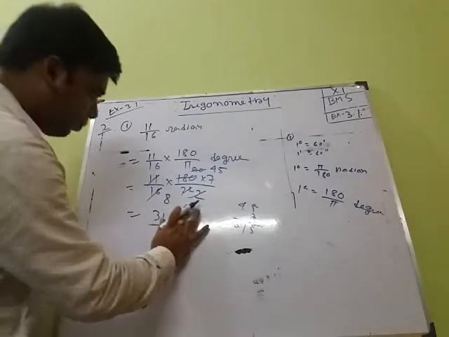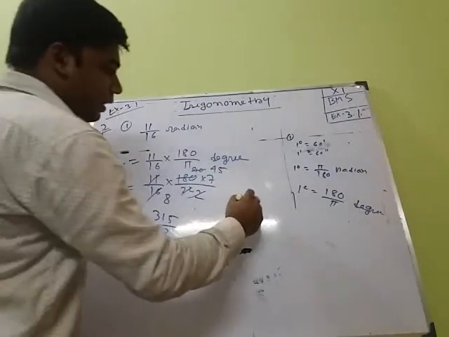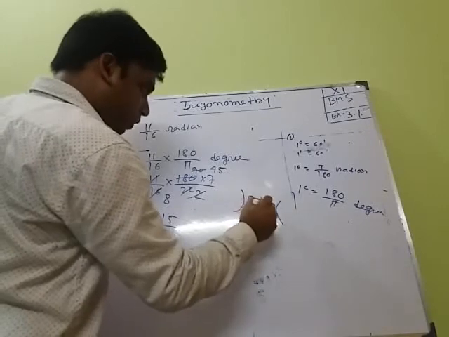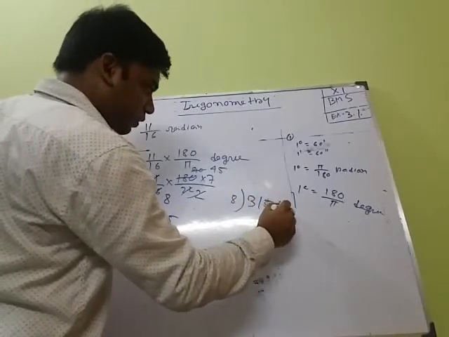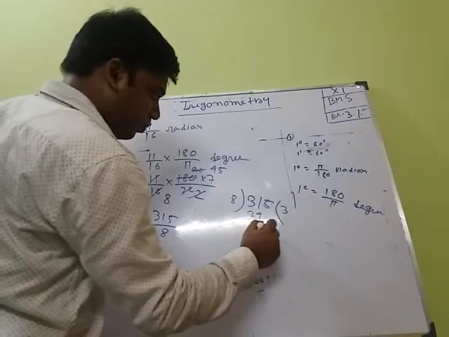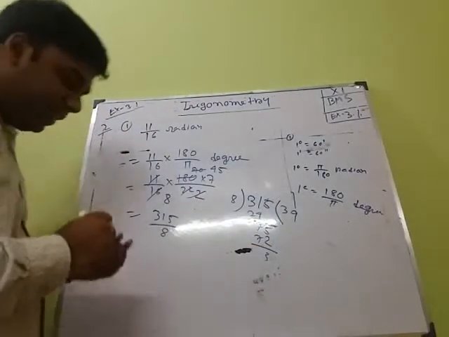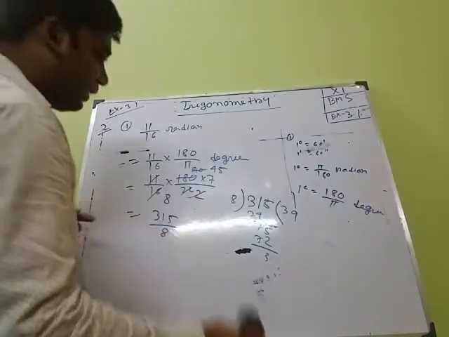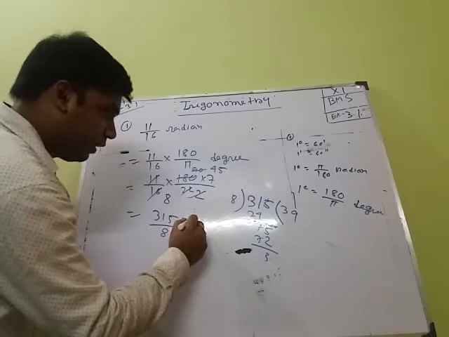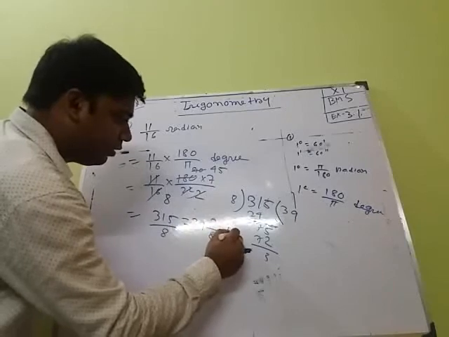So 315 by 8, if I change it into a mixed fraction, can be written as 39 and 3 by 8 degree.